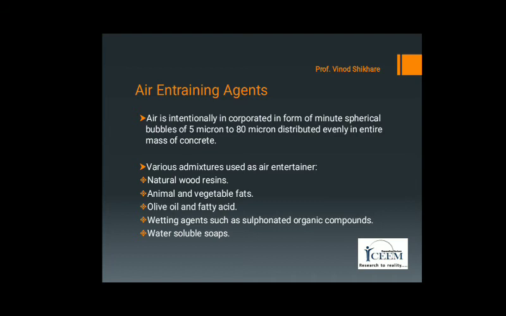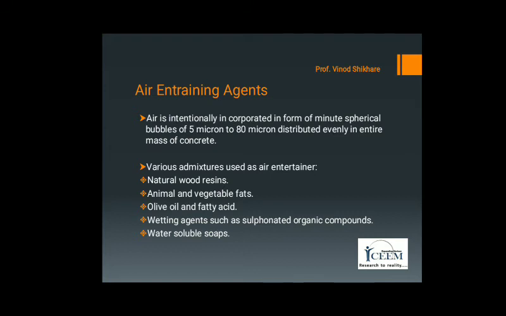The air voids present in concrete can be brought under two groups: first, entrained air, and second, entrapped air. Entrained air is intentionally incorporated minute spherical bubbles of size ranging from 5 micron to 80 micron, distributed evenly in the entire mass of concrete.